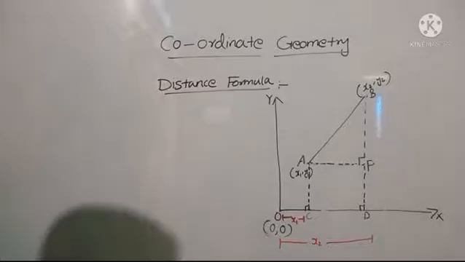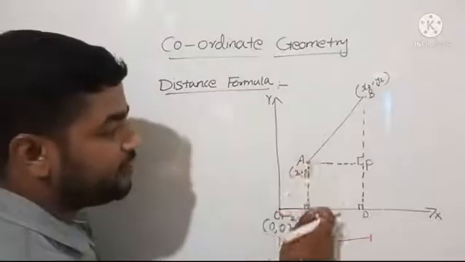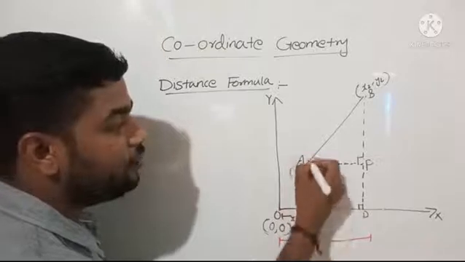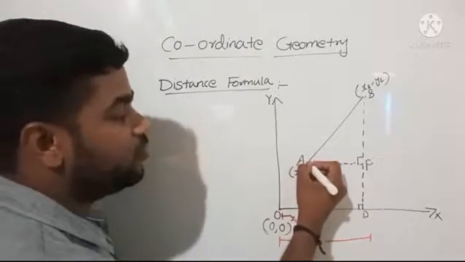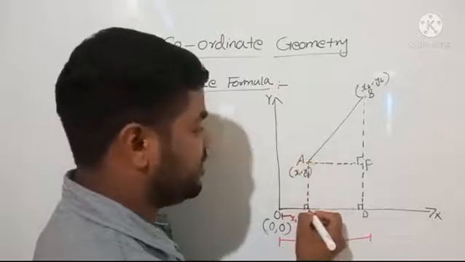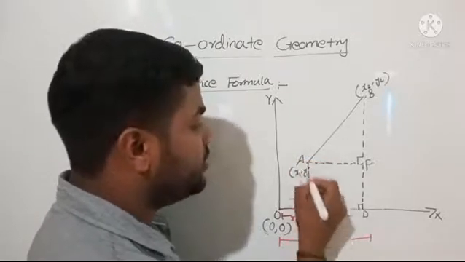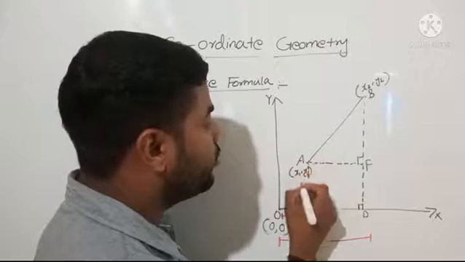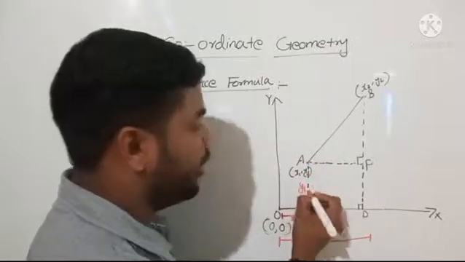Then what is the distance of AC? Here we are drawing a perpendicular from point A to the x-axis, and the y coordinate is y1, so the distance of AC is y1.